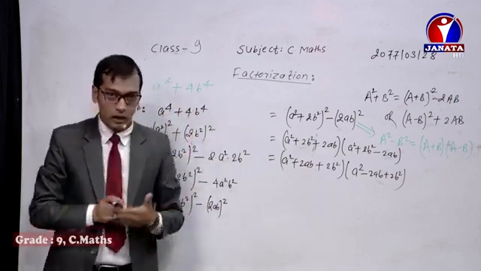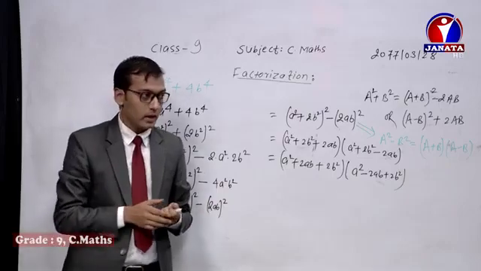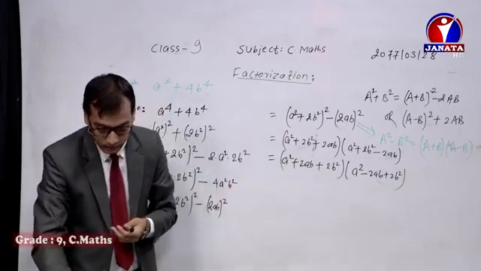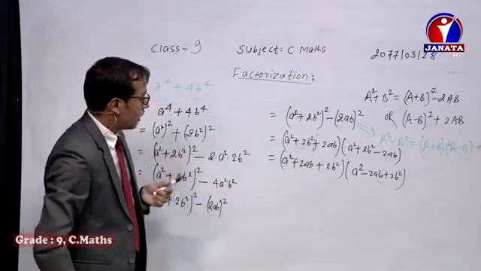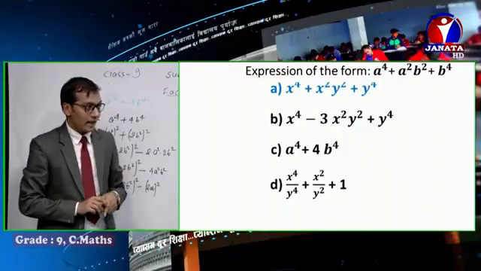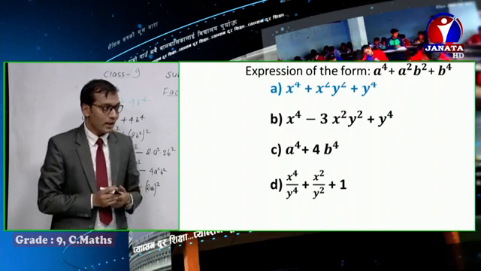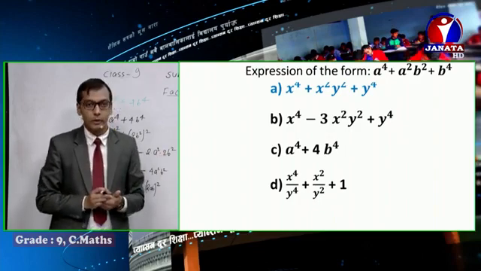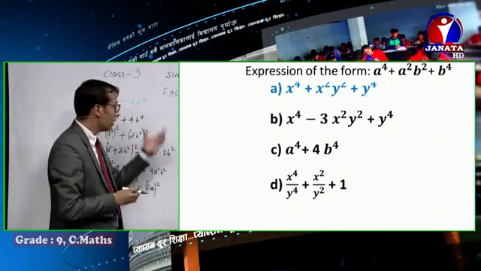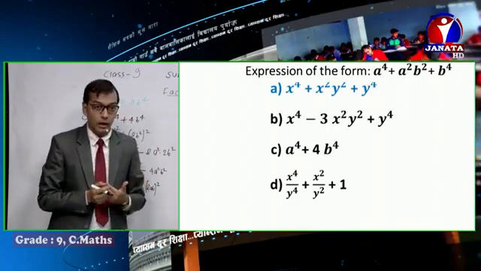Now let me give some questions for practice work on the slides. Let's look at question number D. Again, this question is similar to all the questions which we have done here.